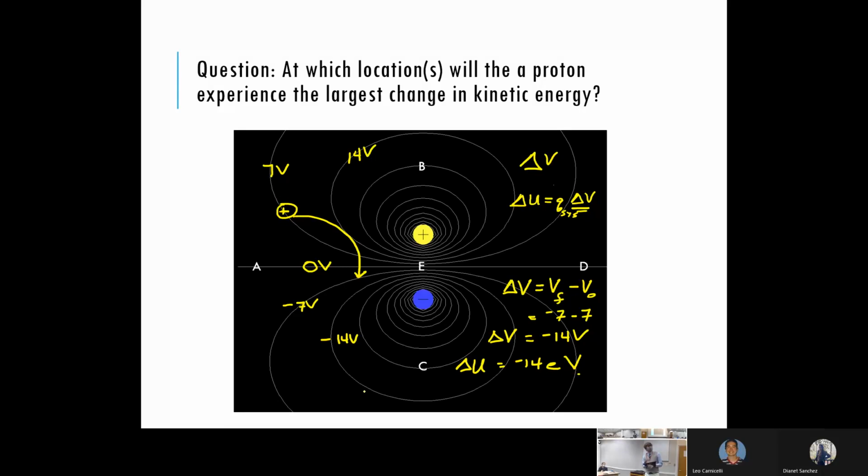In other words, I should write delta U is equal to negative 14 times 1.6 times 10 to the negative 19, and now that's officially in joules.